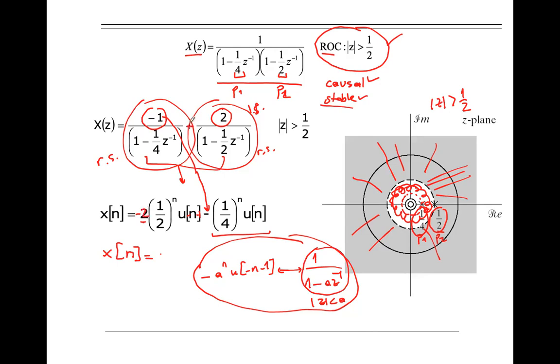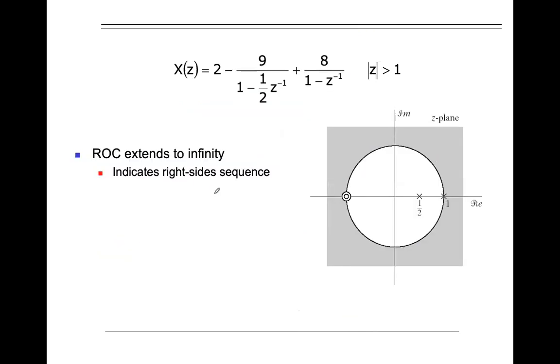Here, this is positive, so I should make it negative. Then I'm going to take this a here as my 1 over 2 and put it to the power n and u of minus n minus 1. Is that part clear arkadaşlar? Yes? Let me move to the next one.